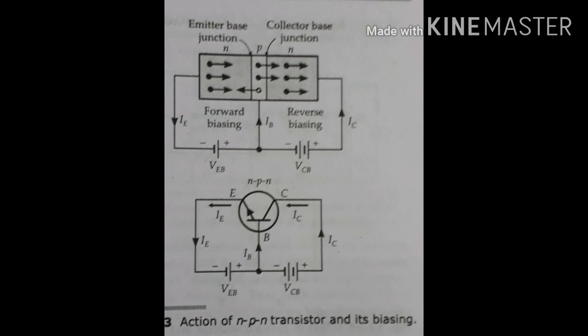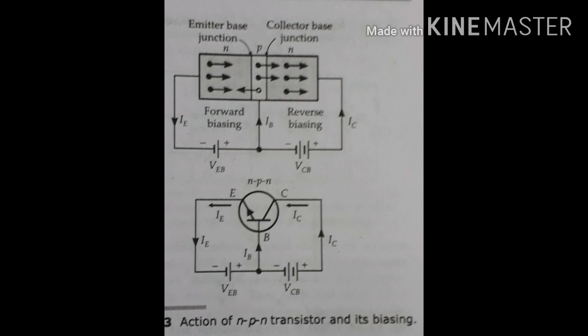Now let me discuss how does a transistor work. Here I am taking NPN transistor as example. The emitter portion of the NPN transistor is joined to the negative terminal of the battery VEB, and the positive terminal of this battery VEB is joined to the base, and the collector portion is joined to the positive terminal of the battery VCB, and the negative terminal of the battery VCB is joined to the base.